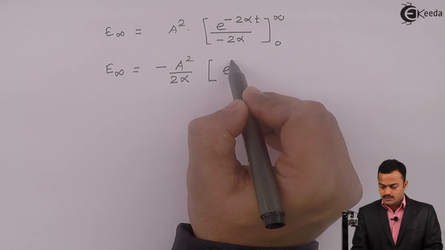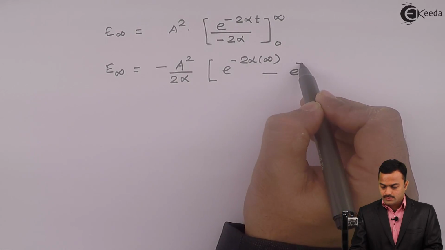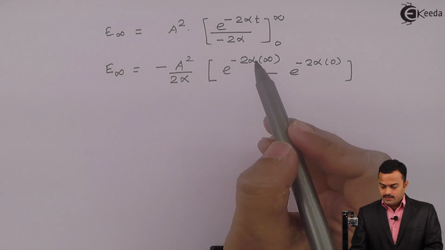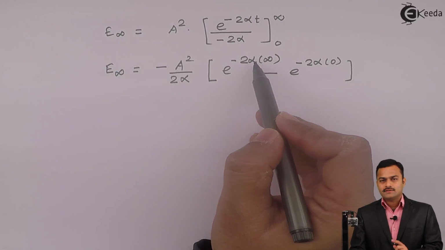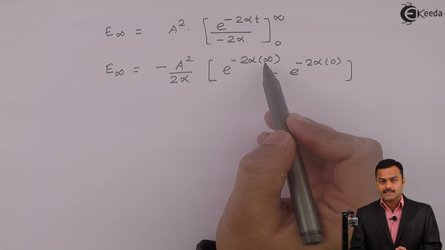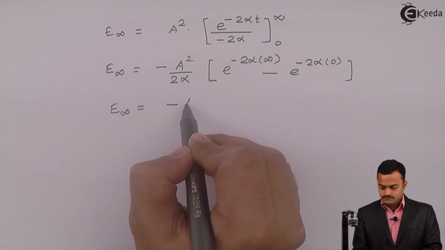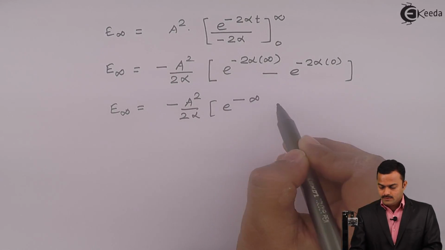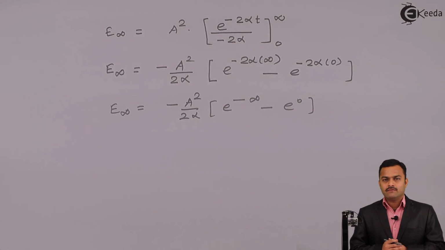it becomes e raised to minus 2 alpha into infinity minus e raised to minus 2 alpha t at t equal to 0. Alpha is some constant, so 2 alpha becomes a constant, but that constant is getting multiplied with infinity. So in the end, this value equals e raised to minus infinity minus e raised to 0, and e raised to minus infinity is always 0.